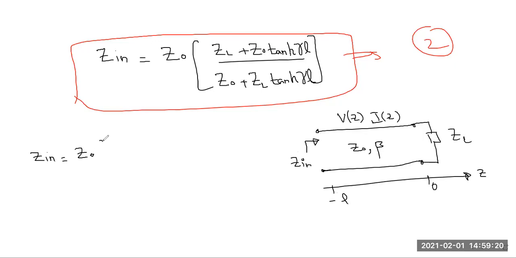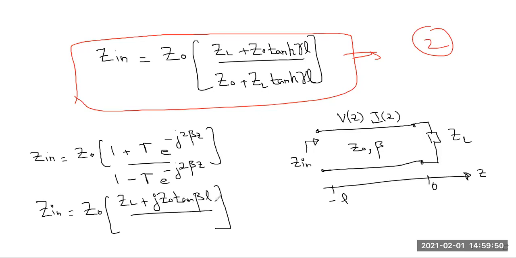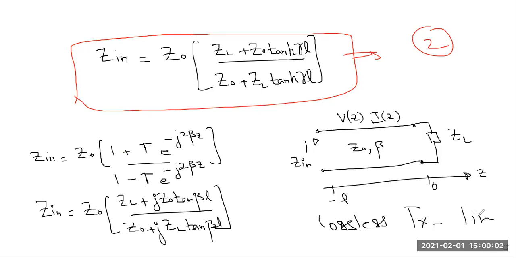Z naught times 1 plus gamma e power minus j 2 beta z divided by 1 minus gamma e power minus j 2 beta z. And we also derived this alternate form, Z naught times ZL plus j Z naught tangent beta L divided by Z naught plus j ZL tangent beta L. This was for a lossless transmission line.